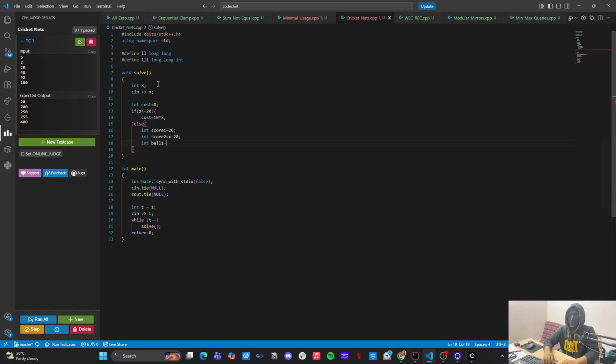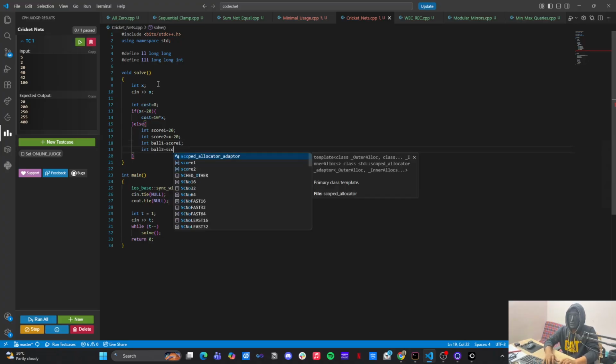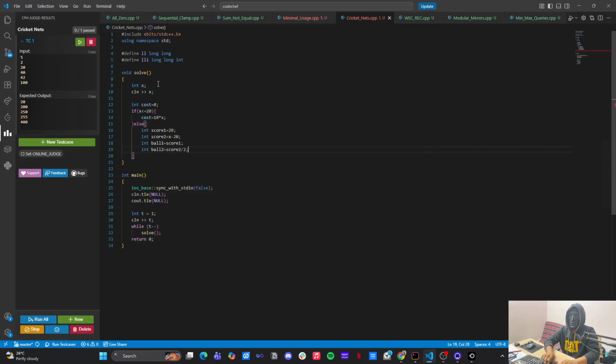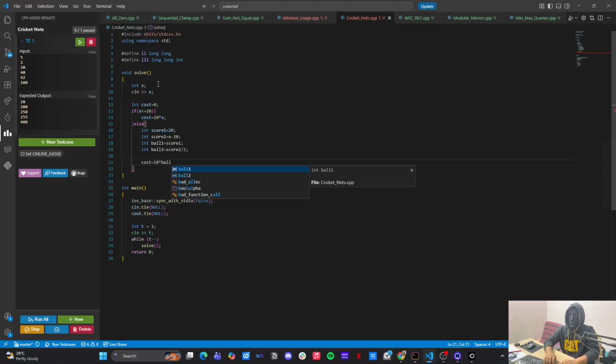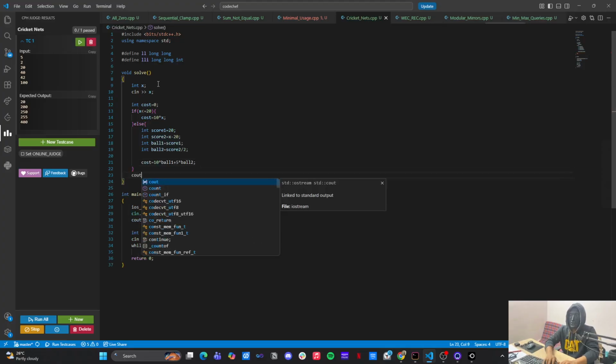Ball 1 will be score 1, score 1 divided by 1 also you can do, it's the same only, right? Now ball 2 is going to be score 2 by 2. Now the cost is going to be 10 into ball 1 plus 5 into ball 2. At the end you need to display cost.